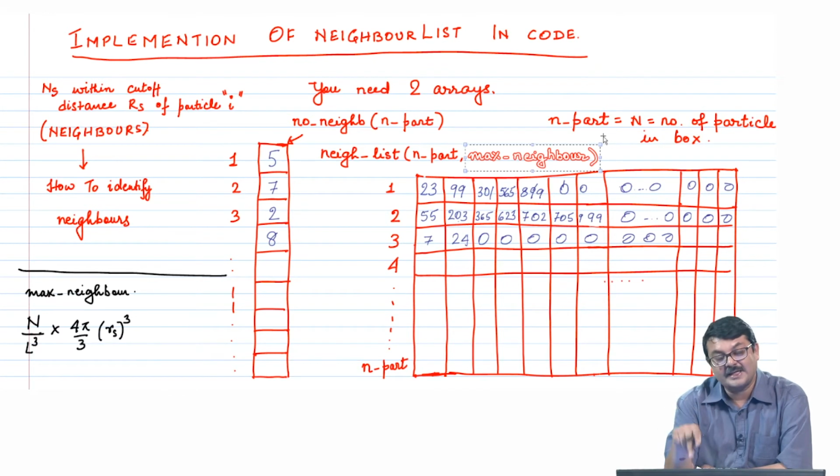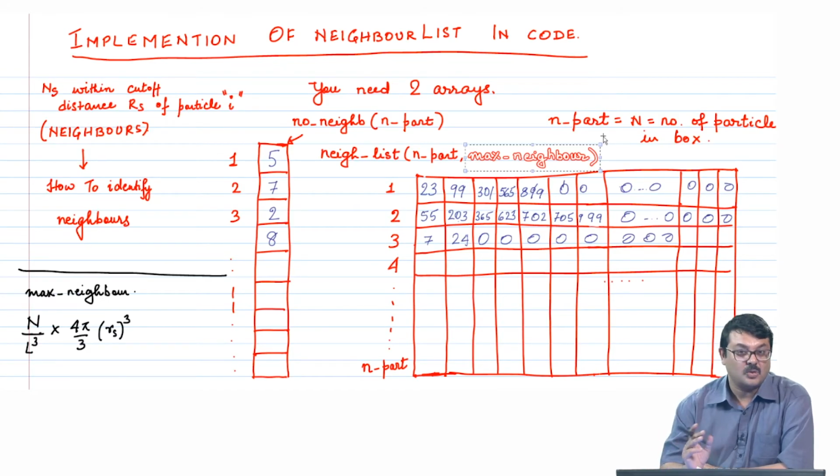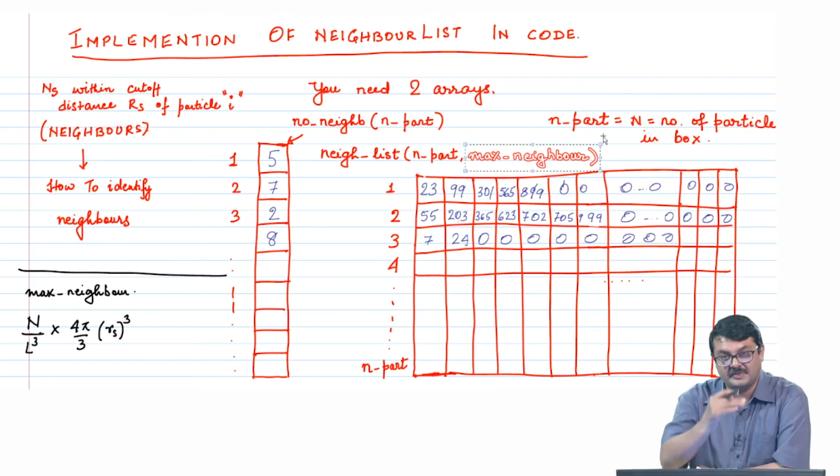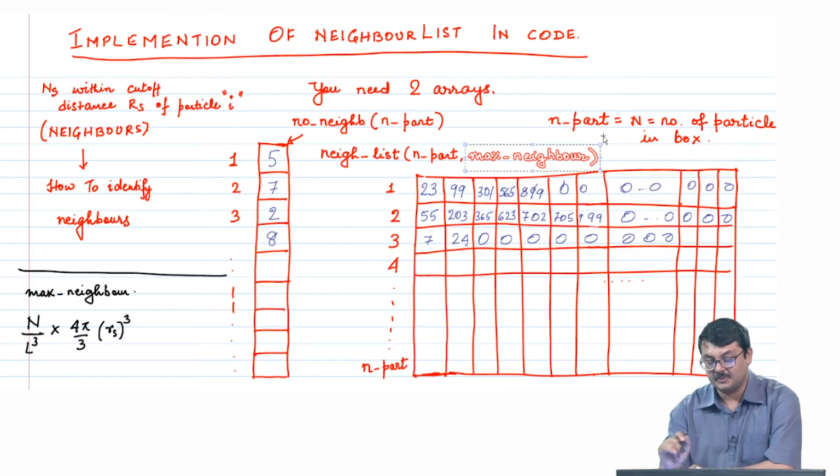increases beyond max neighbor, then you have to change the value of max neighbor to a higher value. There is no point in giving it too high a value, because then this array will become too large, and if you have to handle large arrays, the code becomes slow, because it takes time. We will discuss this later, why the code becomes slow if you have large arrays.